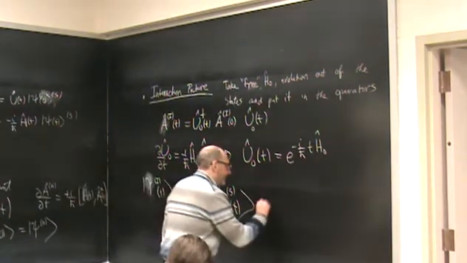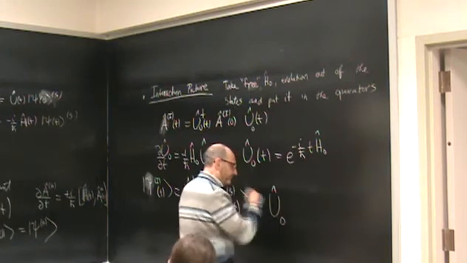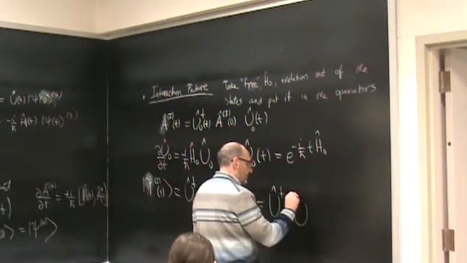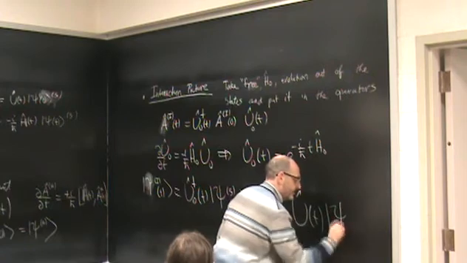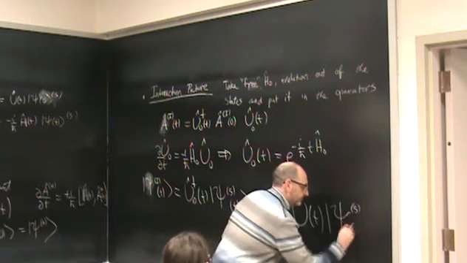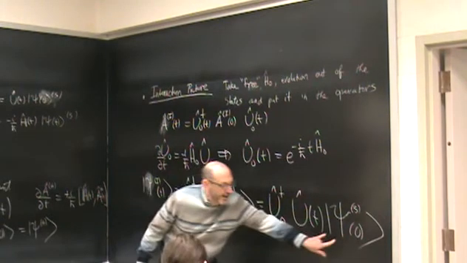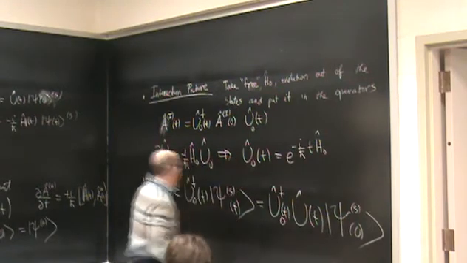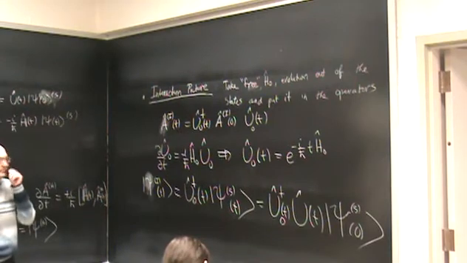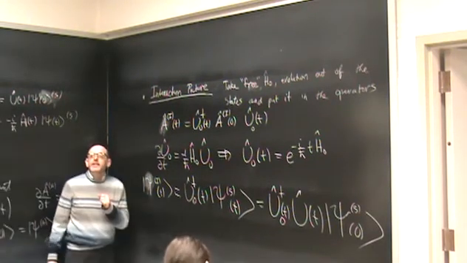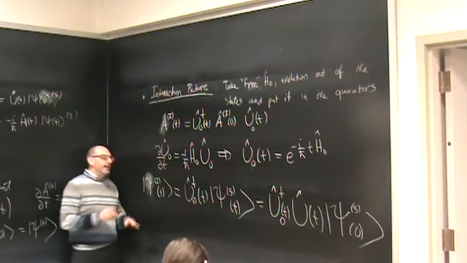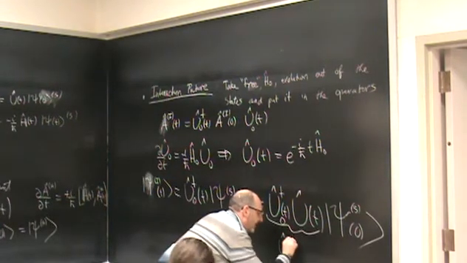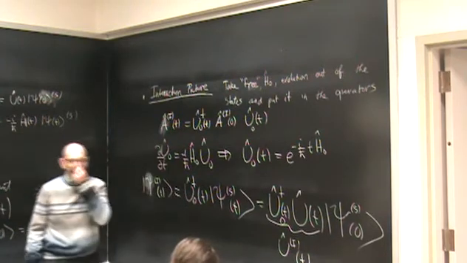Of course, what that is, is the full time evolution with that amount removed. This combination I'll call UI. We'll come back to that in a moment.